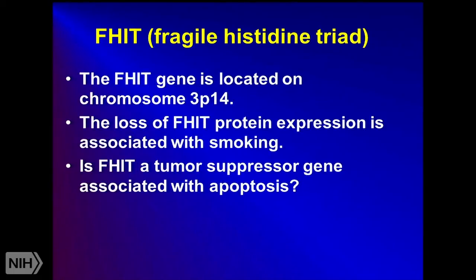The FHIT gene is fragile histidine triad. It's present on chromosome 3p14, and loss of the FHIT protein is associated with smoking, and there's a lot of investigation going on to see if FHIT is a tumor suppressor gene associated with apoptosis.